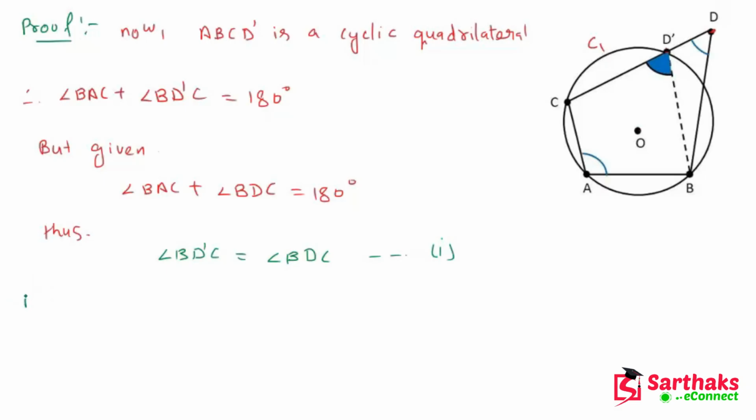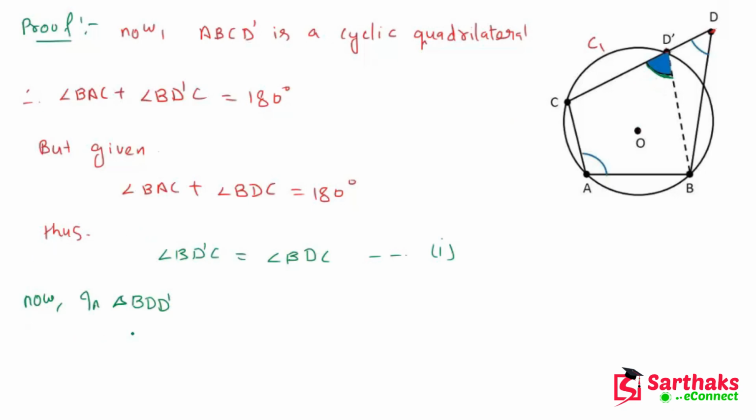Now in triangle BDD dash, this angle BD dash C is the exterior angle.